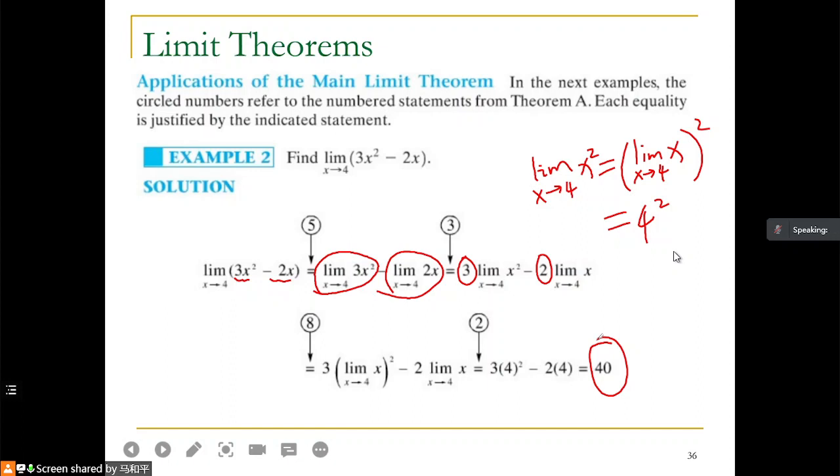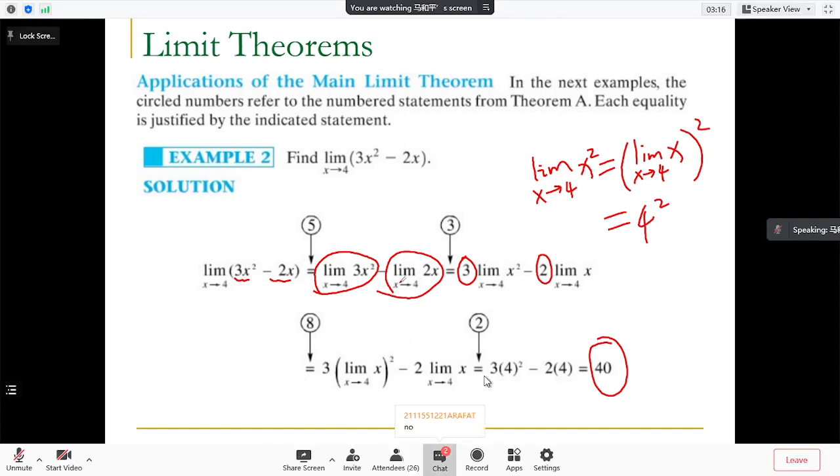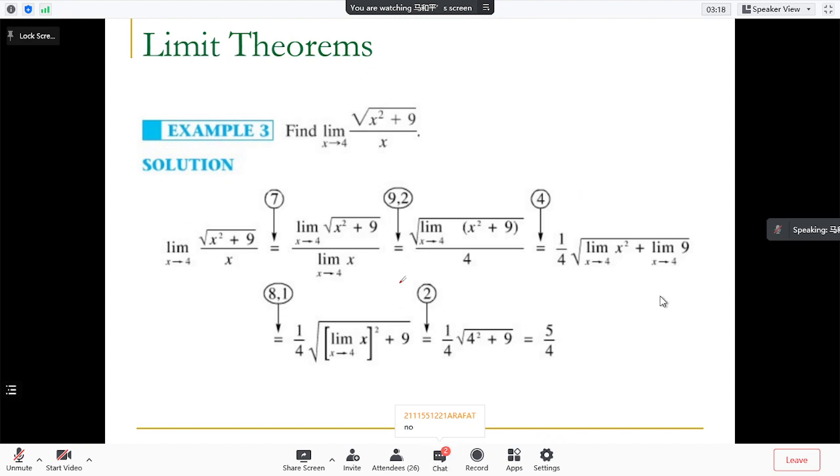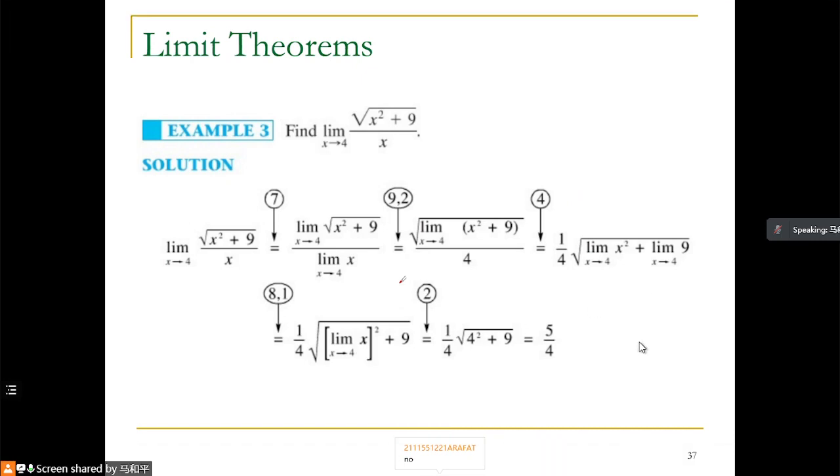Example 2, any questions? Okay, I think example 2 is easy, right? And example 3 is also very easy. This is a quotient.